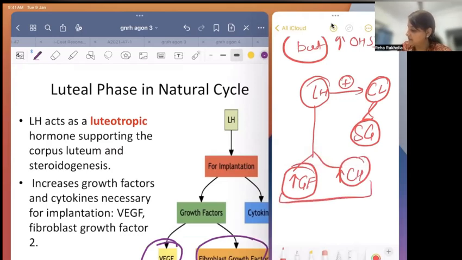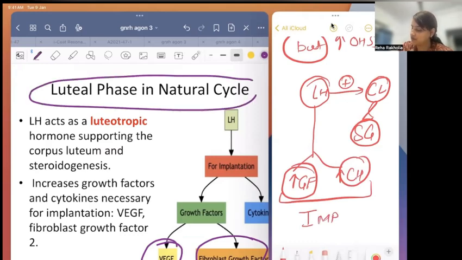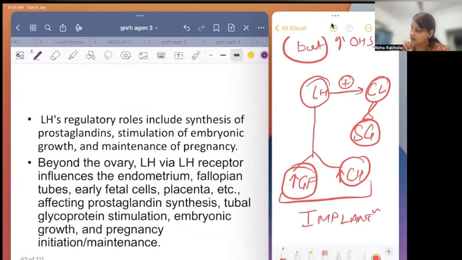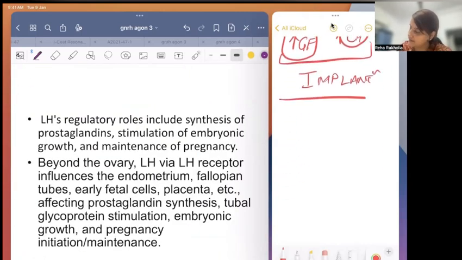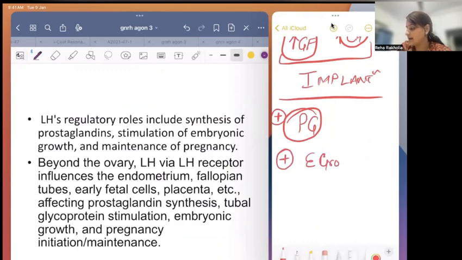These help in implantation. Luteal phase in natural cycle. LH's regulatory role is in stimulation of synthesis of prostaglandin, stimulation of embryonic growth, and maintenance of pregnancy.